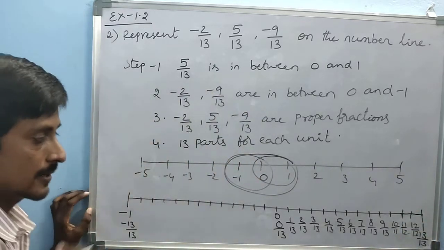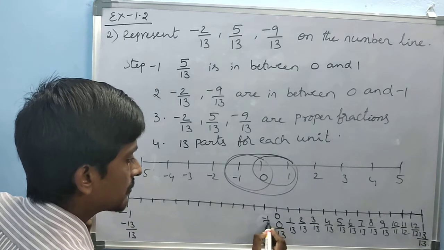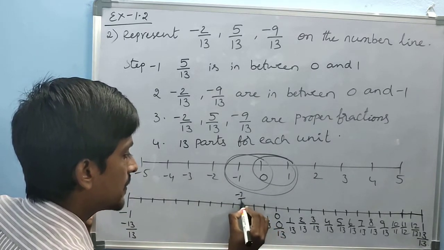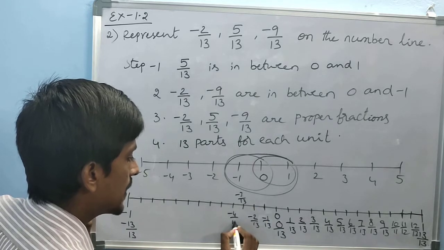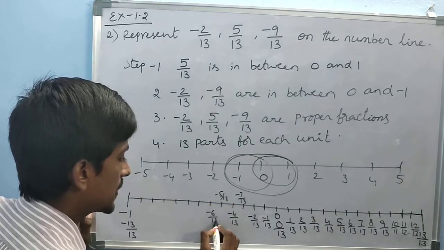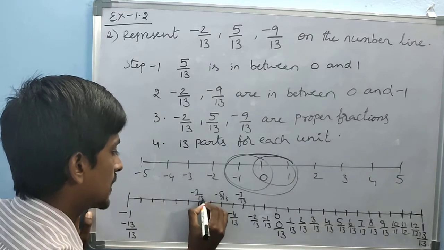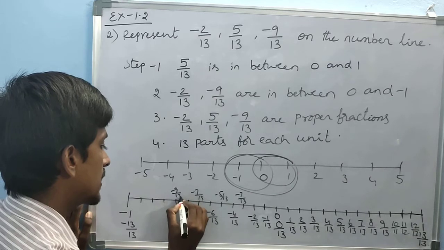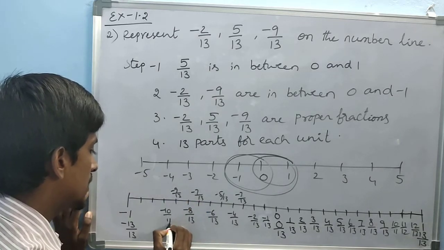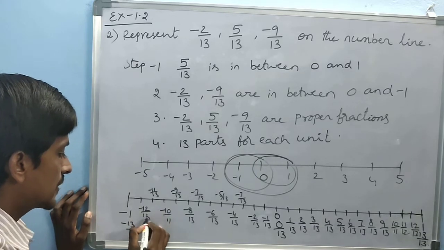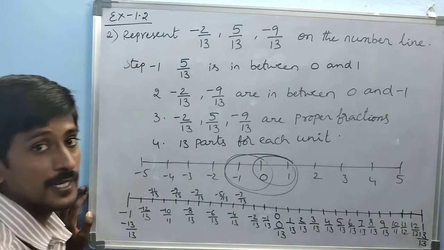Next, the right side: minus 1 by 13, minus 2 by 13, minus 3 by 13, minus 4 by 13, minus 5 by 13, minus 6 by 13, minus 7 by 13, minus 8 by 13, minus 9 by 13, minus 10 by 13, minus 11 by 13, minus 12 by 13, minus 13 by 13.